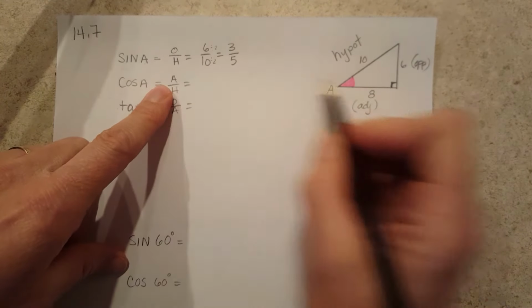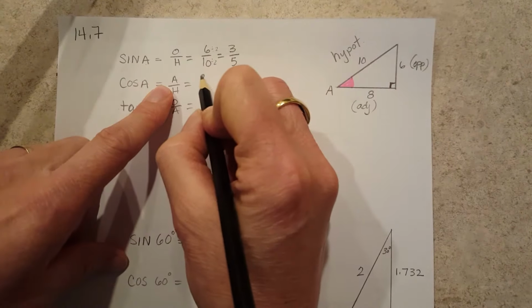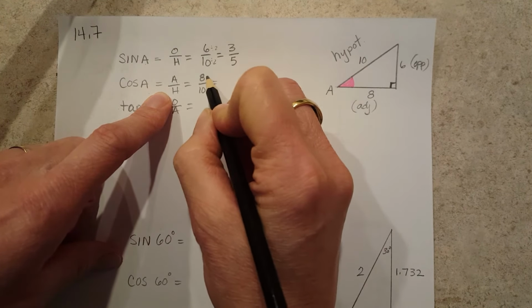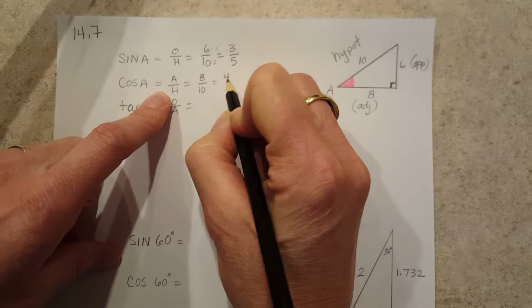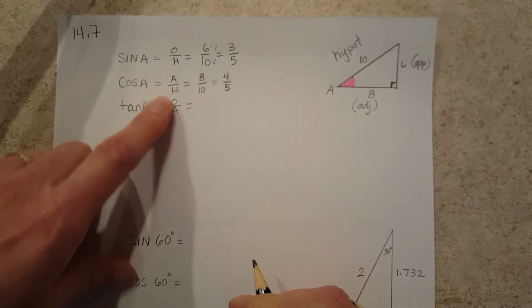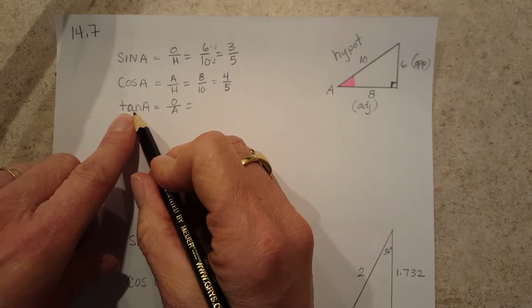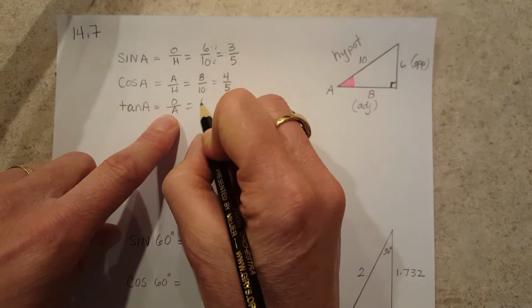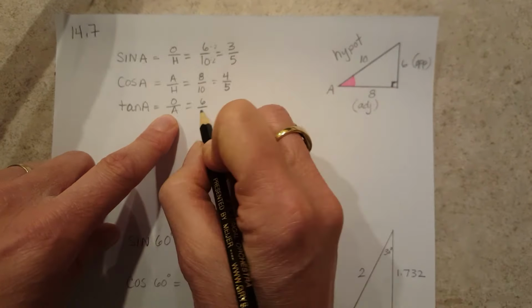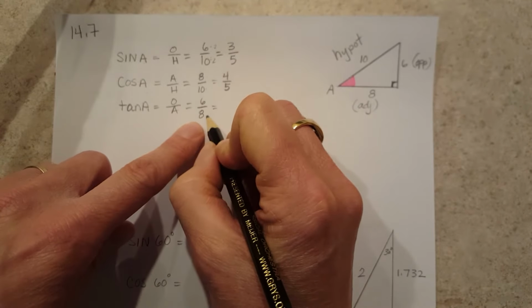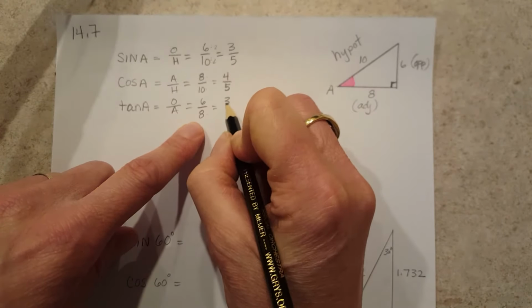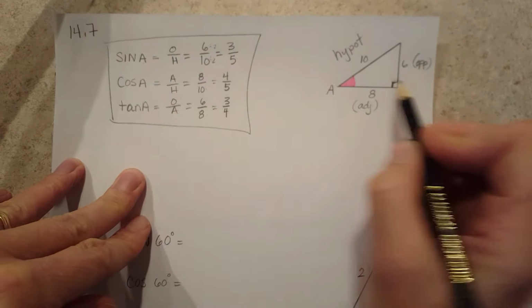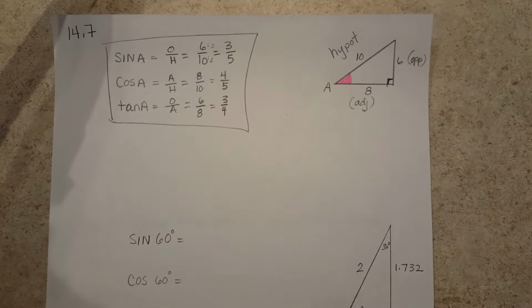Cosine, adjacent over hypotenuse, which would be, if we divide both by 2, that would be its ratio. Tangent, TOA, opposite over adjacent. And simplify, divide both by 2. And there you have your trig ratios for this particular right angle.